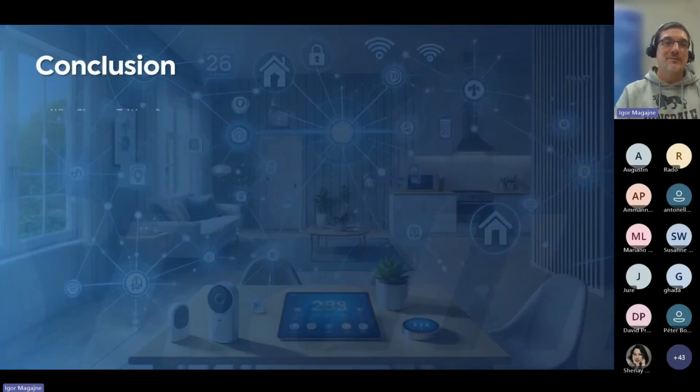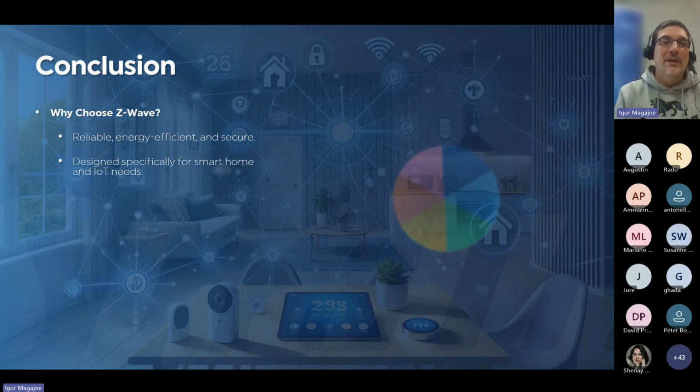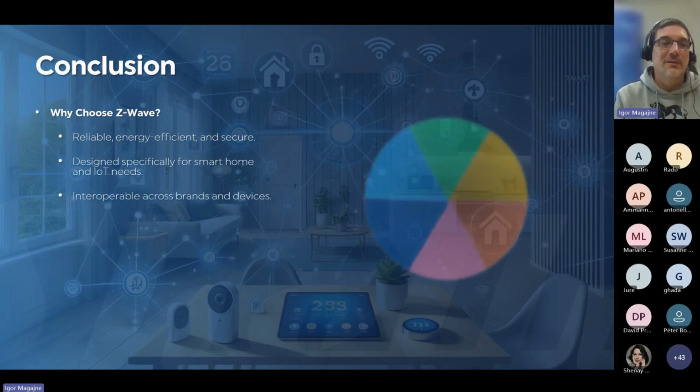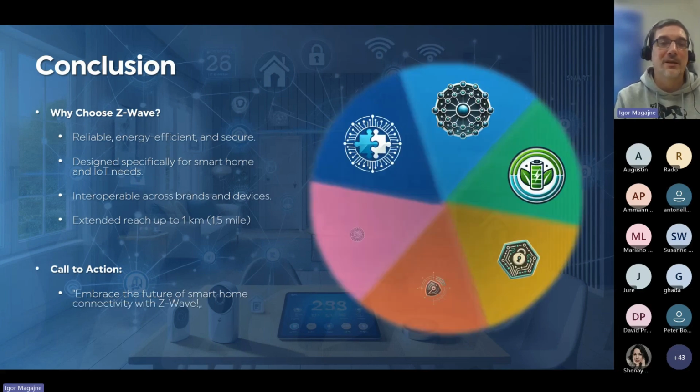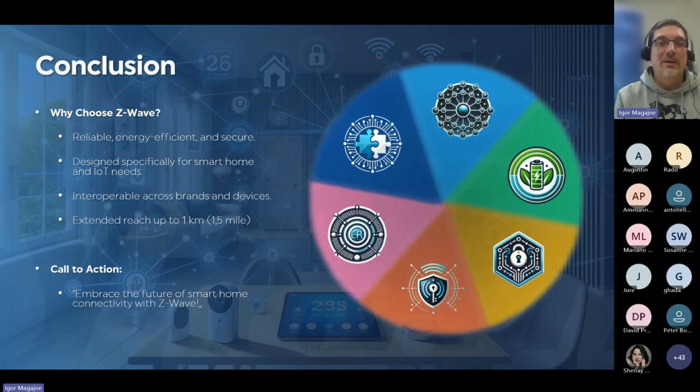In conclusion, why could somebody choose Z-Wave? Like we went through, it's reliable, it's energy efficient, it's designed for home appliances, and it will reach long range, up to 1 kilometer.